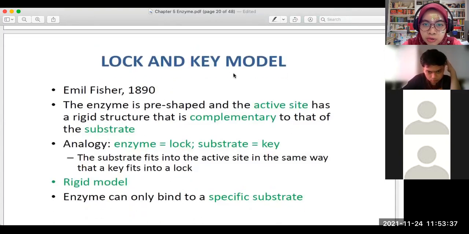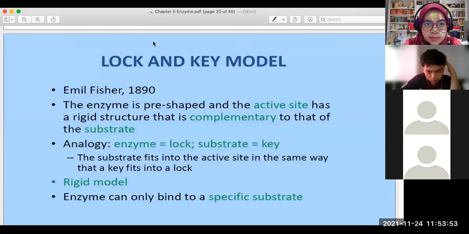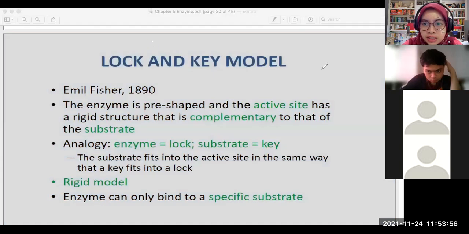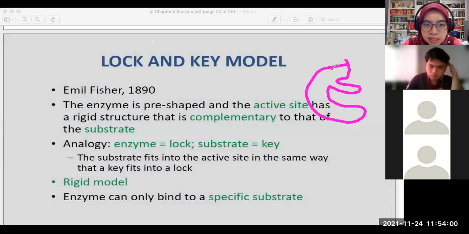What this theory proposes is that the enzyme is pre-shaped, and the active site has a rigid structure that is complementary to that specific substrate, meaning the enzyme will stay as it is. So this is the enzyme, with its pre-shape and its active site already present. This active site is rigid, meaning that it can only bind to a specific substrate.